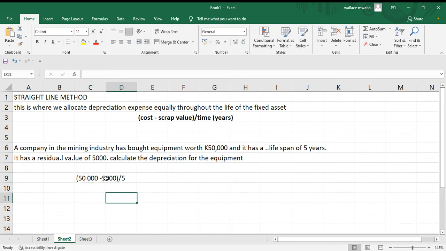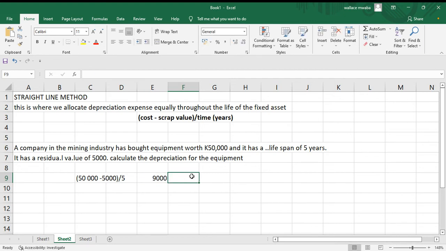So 50 minus 5 is 45,000. 45,000 divided by 5 is 9,000. So this is the depreciation expense.